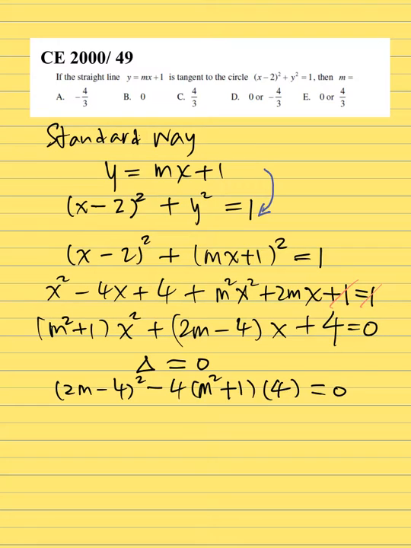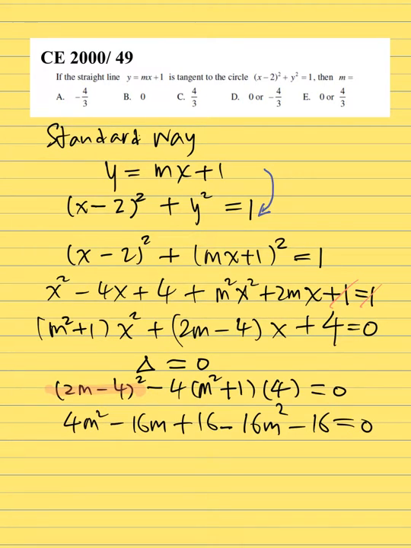Expanding again, we get 4m squared minus 16m plus 16 for the first bracket, and for the second bracket, minus 16m squared minus 16 equals 0.